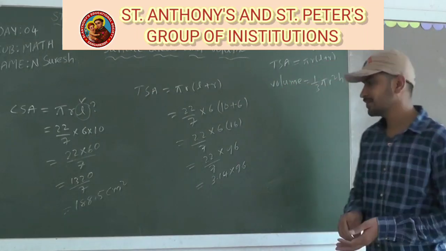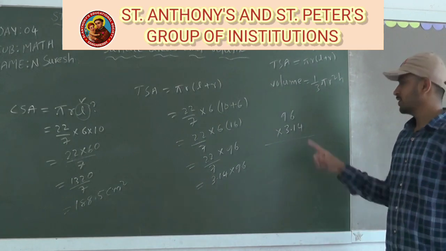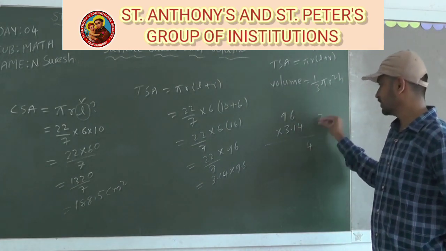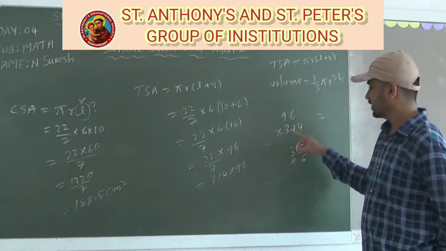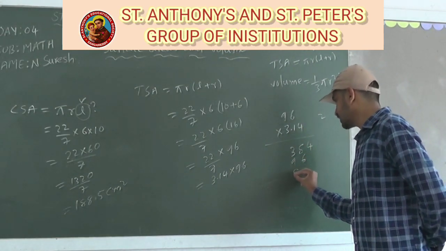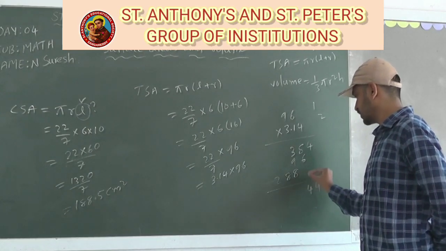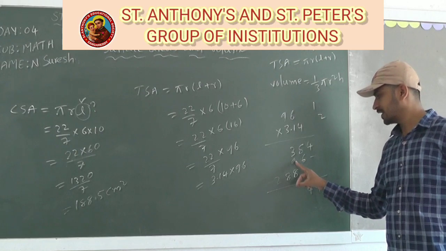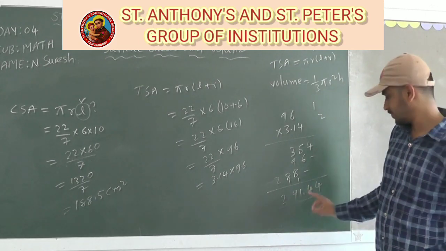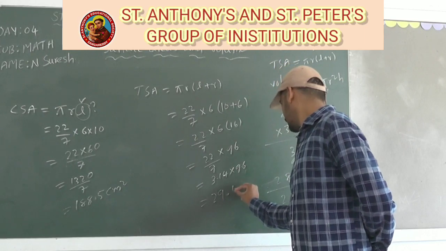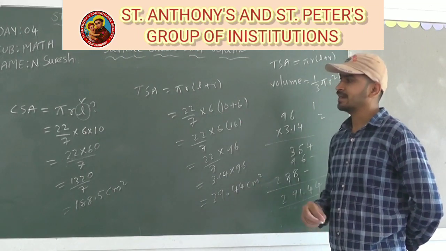That gives 301.44 centimeters square. That is the TSA of the cone whose radius is 6 centimeters and height is 10 centimeters.